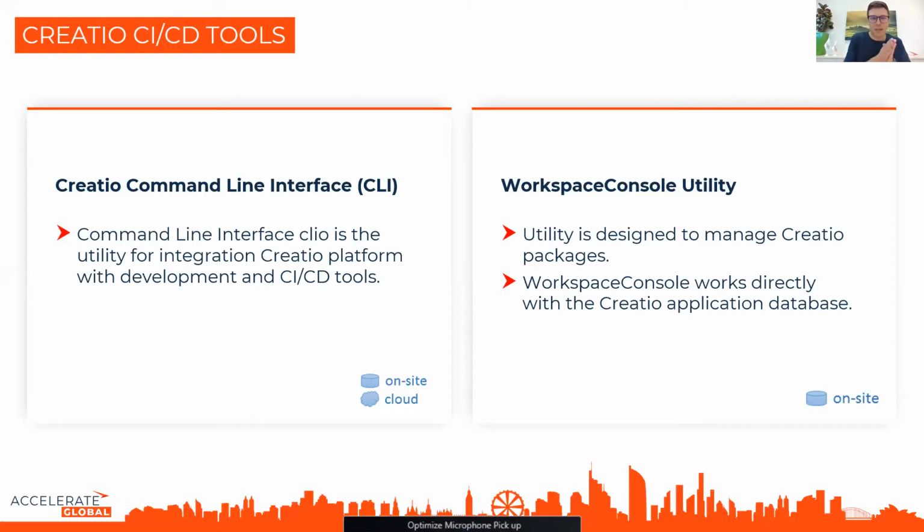It can be used both for on-site and cloud deployments. The other option is the Workspace Console utility. It is designed to manage Creatio packages, and the Workspace Console tool works directly with the Creatio application database, so it's mostly used for on-site installations.